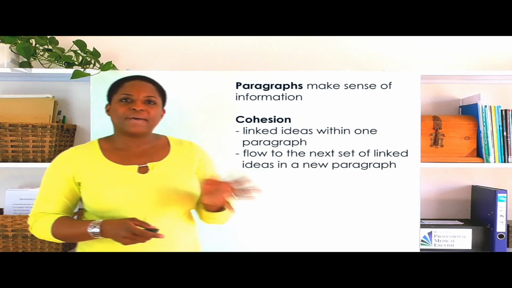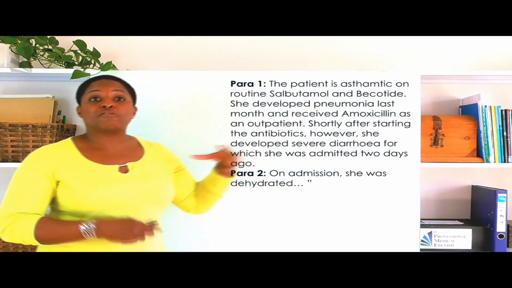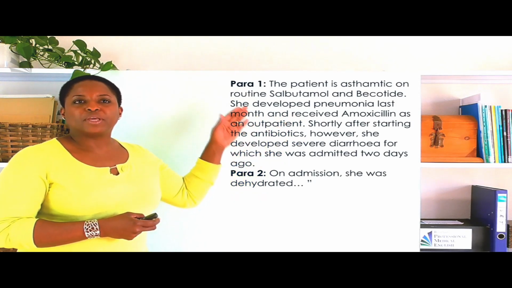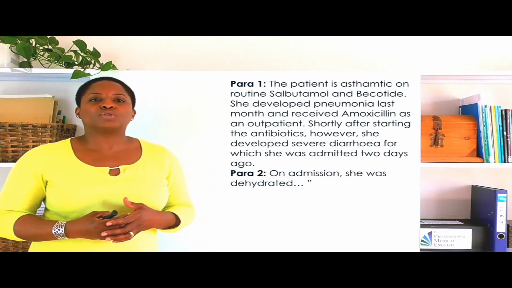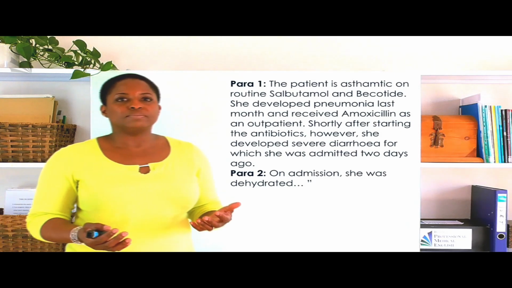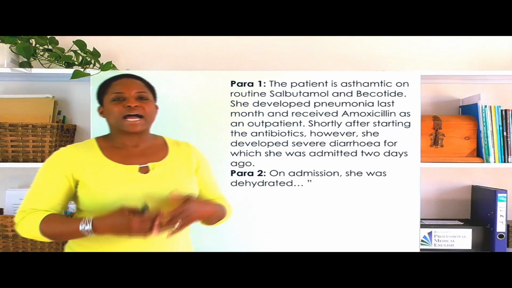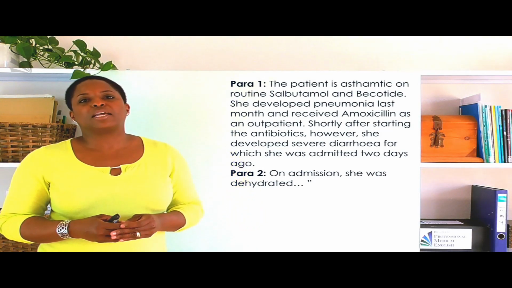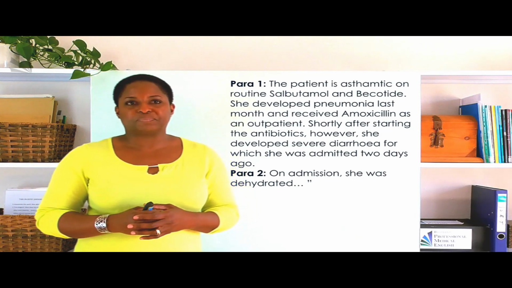So going back to an unrelated example, I must confess, of paragraphing, which we met in Module 1. We see paragraph 1, the patient is asthmatic on routine salbutamol and Bicotide. She developed pneumonia and received amoxicillin as an outpatient. Shortly after starting the antibiotics, however, she developed diarrhea.